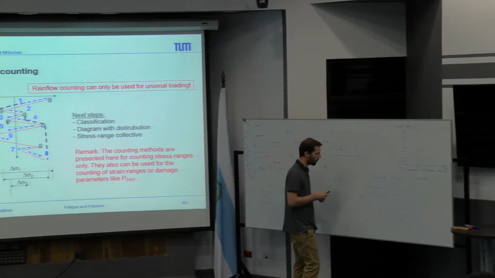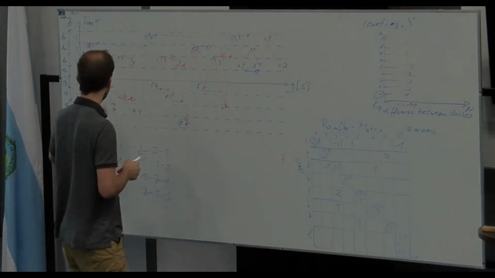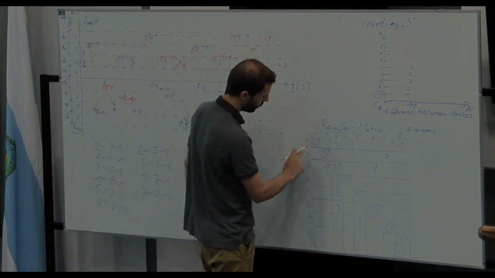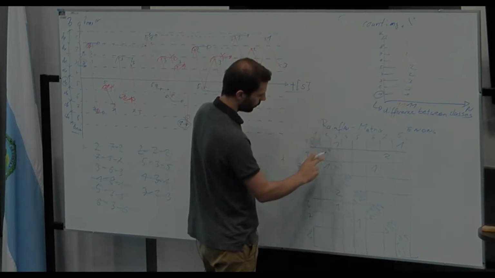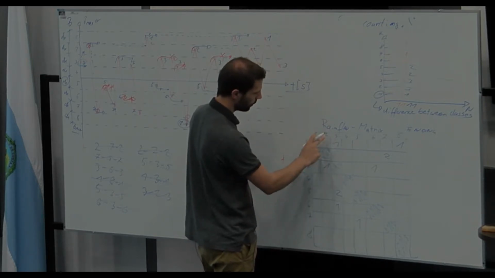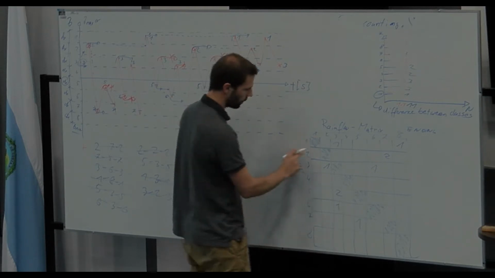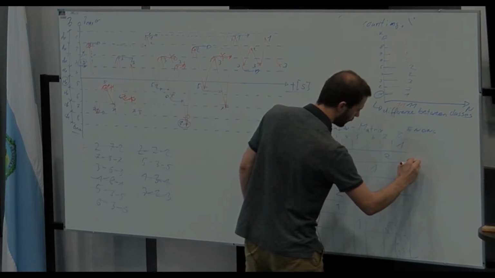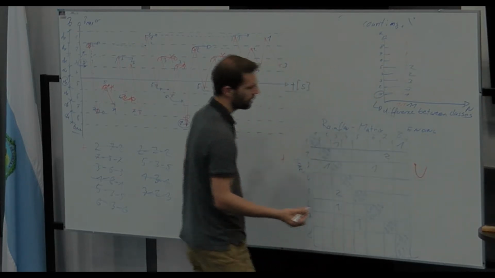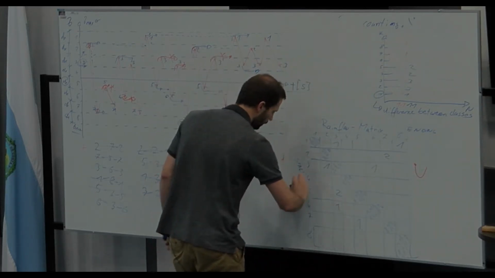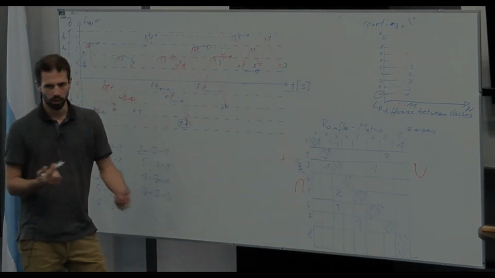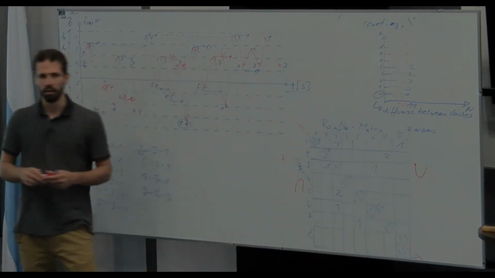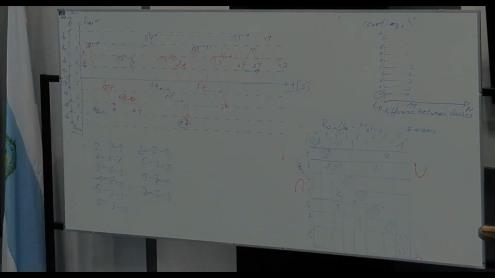So what do we know now? For example, if you go from 2 to 3 to 2, then we know that we have here, on this side, a hysteresis which is going like this, and on this side, a hysteresis which is going like this, just divided by the main diagonal of our matrix.